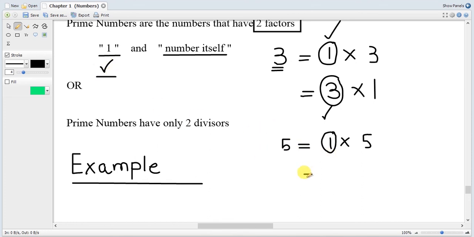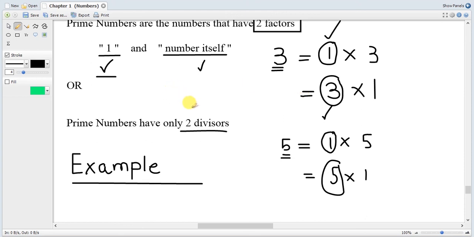And 5 times 1 is 5, the number itself. So the question has number 5 and the number itself is also a factor, right? So prime numbers have only two divisors, two factors, the two numbers which, if you multiply them together, you will get that number.